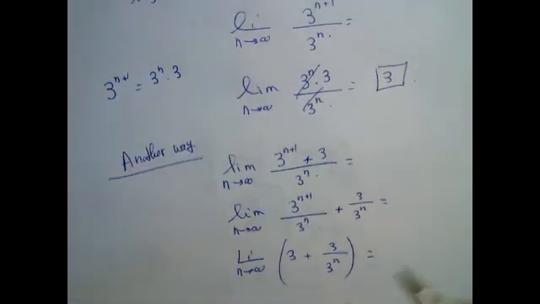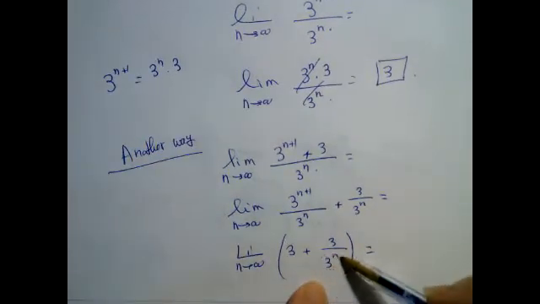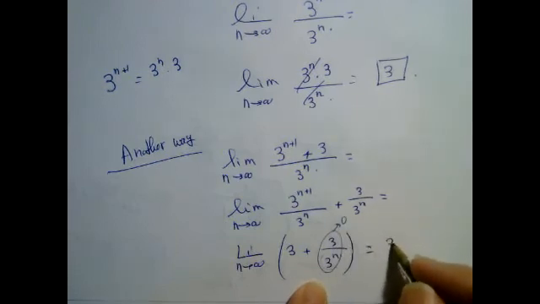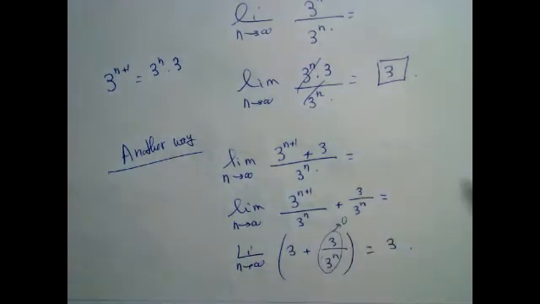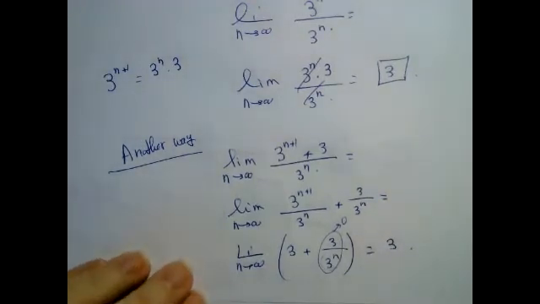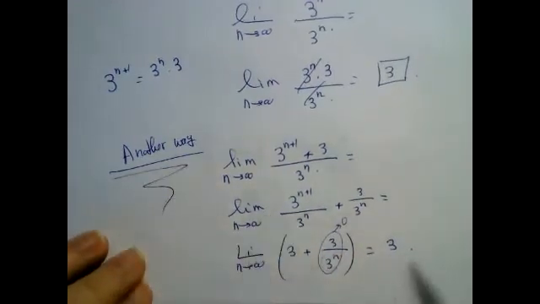And now when n becomes large, 3 to the n goes to infinity. 3 over that will go to 0, which is equal to 3. End of the problem. And the chain of L'Hopital's rule was not really necessary. So that's another way to do the problem that I would like you to be able to do both ways. And this is much shorter, actually.